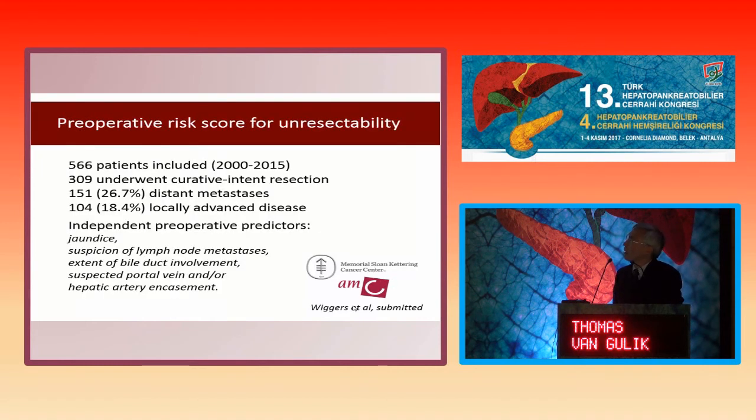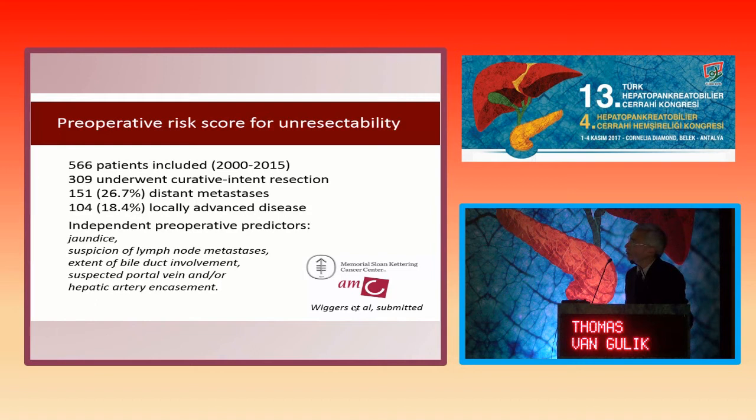Now, it is very difficult to decide on the basis of your diagnostic modalities which patients will be resectable at laparotomy and which patients probably have unresectable disease on laparotomy. We have a close collaboration with Memorial Sloan Kettering, and we pooled all our patients together.